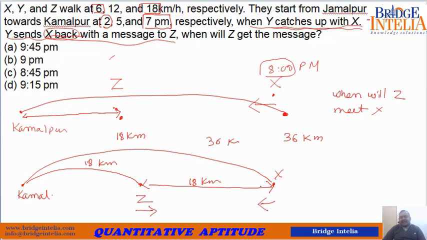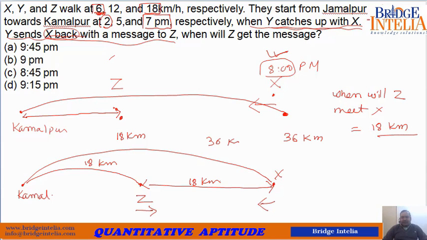What is the target? What is the distance between them? The distance is 18 kilometers. They are moving from opposite directions, which means they are helping each other. The time is already 8 p.m. and then we are solving this question. So the target is 18 kilometers, and they are moving from opposite directions, helping each other.